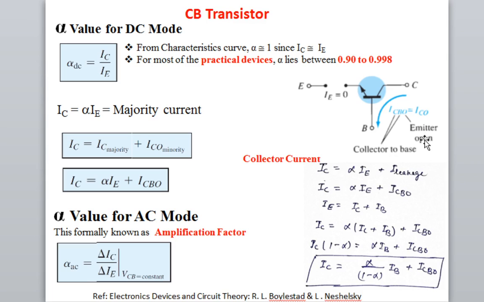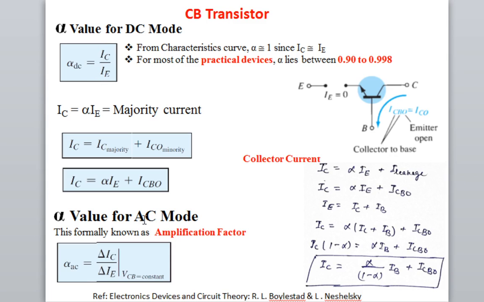That is why the total collector current IC can be written as alpha IE plus ICBO. I will explain the derivation before that. If you have a DC signal, then this definition is valid for alpha.